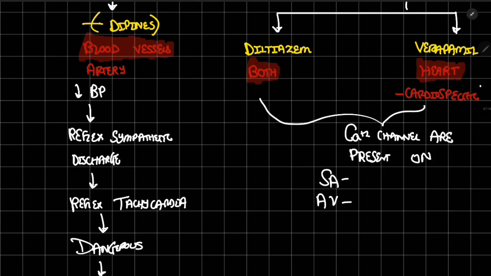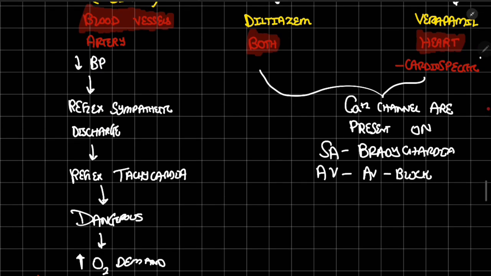The SA node is responsible for the normal sinus rhythm. So if the SA node is blocked, the rhythm will decrease and it will cause bradycardia. And if the AV node is blocked, we will see AV block. So one thing to be noted here: these non-DHP types will be contraindicated in heart blocks.